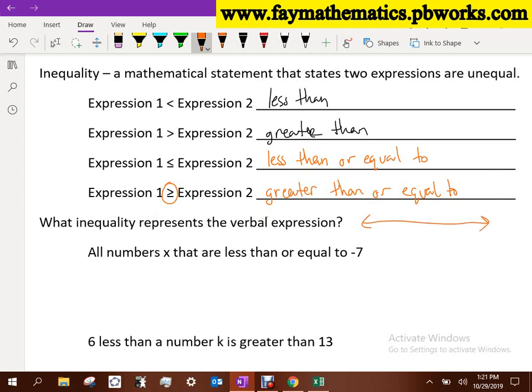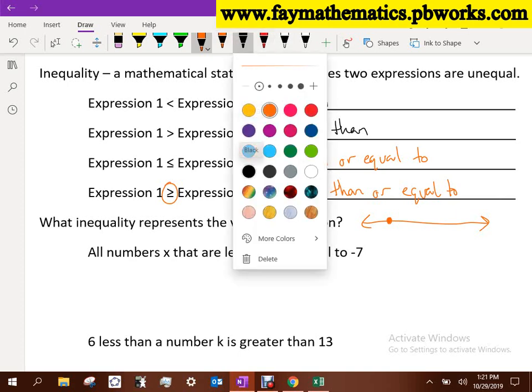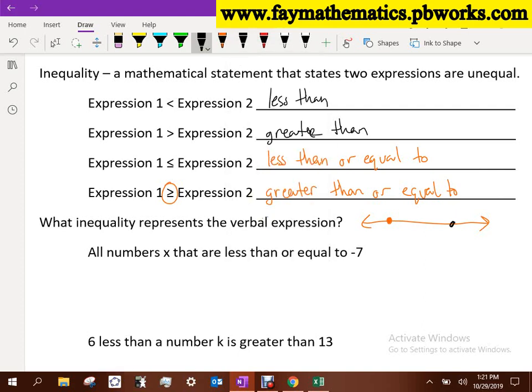Let's say that's my number line, and I've got this number here that's orange, and let's take a number there and make it black. I'm not telling you what those numbers are. Which one's less than the other one? The orange one's less than the black one, right?